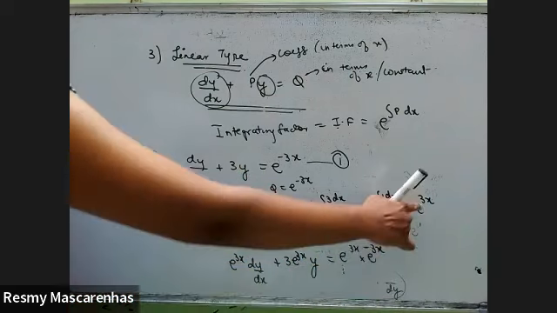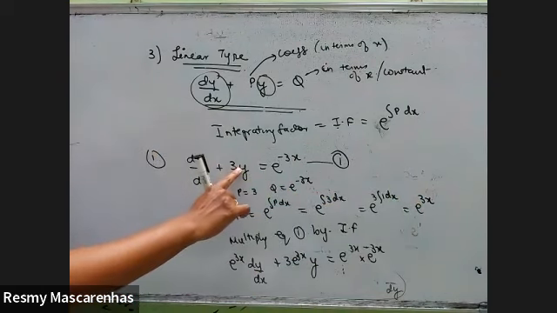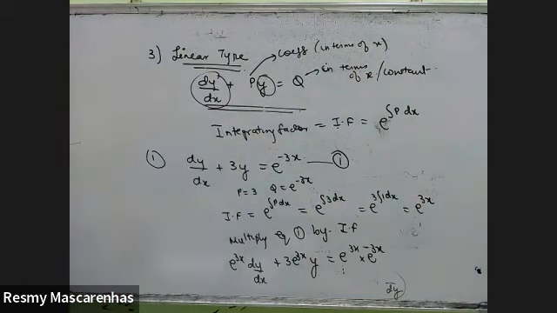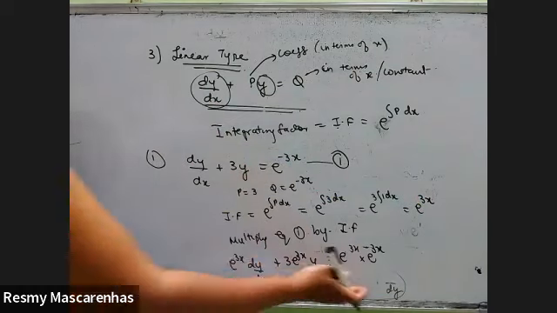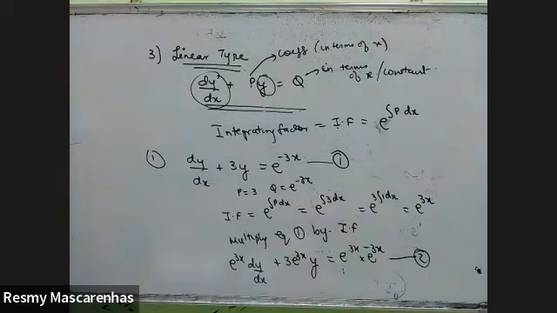All the terms you multiply. This first term also gets multiplied by e raised to 3x, here also e raised to 3x, here also e raised to 3x. So every term I have multiplied by the integrating factor.